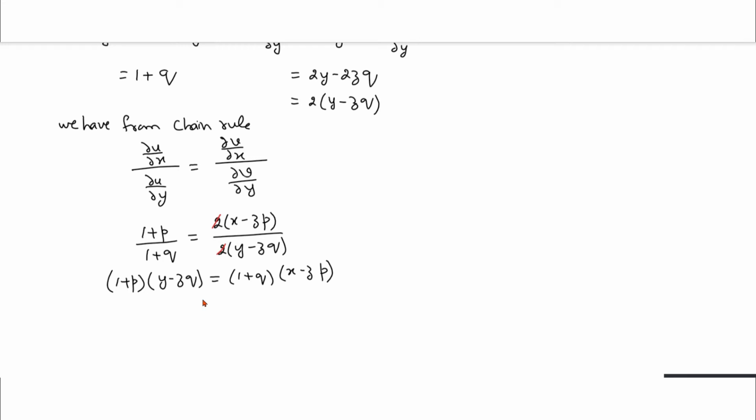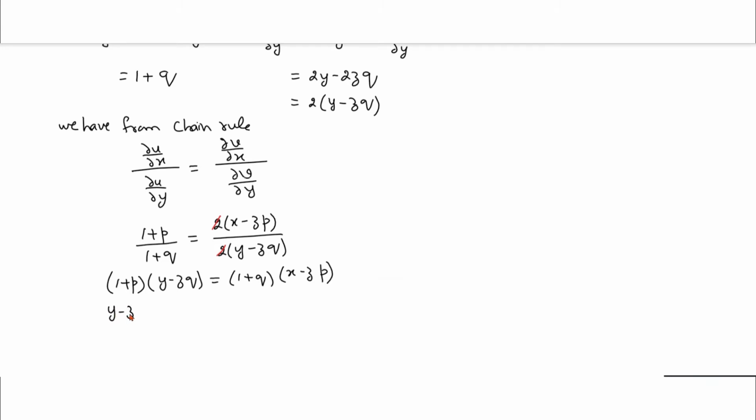If you want to rearrange this in a certain form, I'll just open the bracket and multiply it. So if you multiply this 1 with y minus zq, what will we get? 1 times (y minus zq) will be y minus z times q. Now multiply this p with y, you'll get plus py. Then p with minus zq will give minus z times pq, is equal to, on the right hand side, 1 multiplied by x is x, minus 1 multiplied by zp is minus z times p.